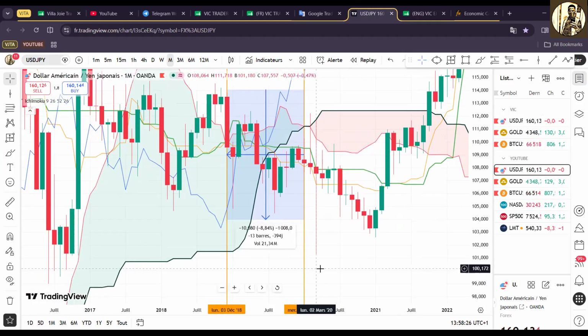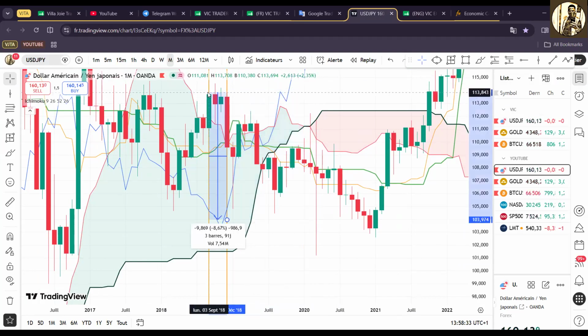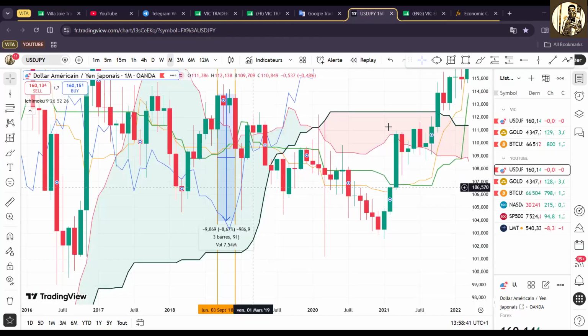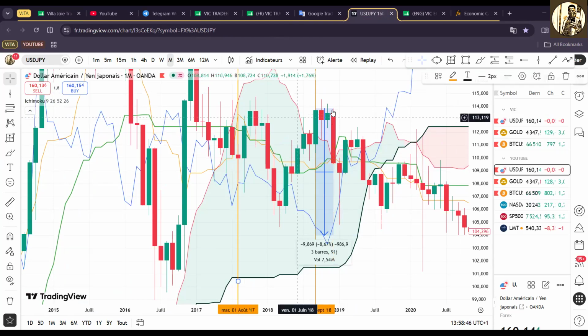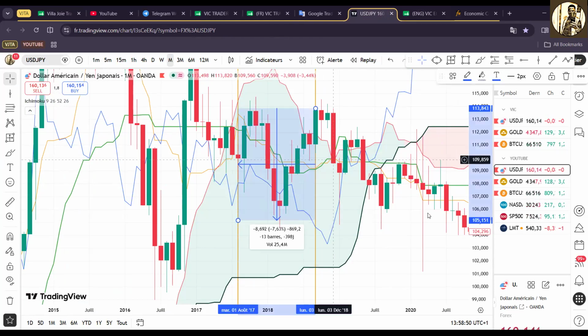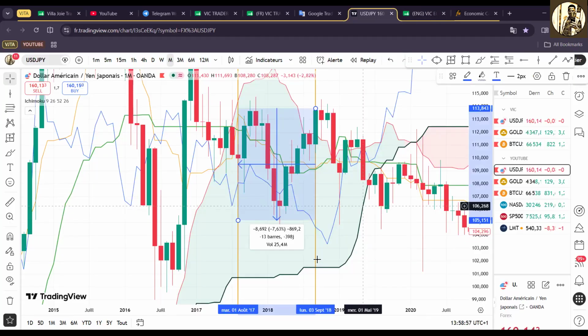And then this whole uptrend from this point to this is 3 bars. And then this whole downtrend, from this point down, is 13 bars. We already have 13, but there's no problem. I'll write 13 two times.